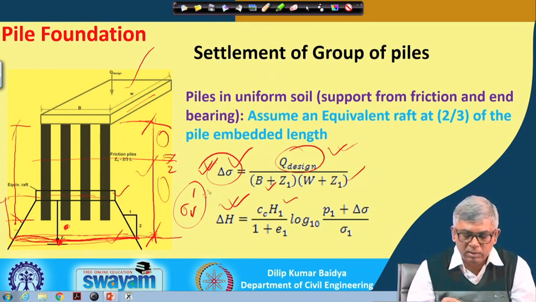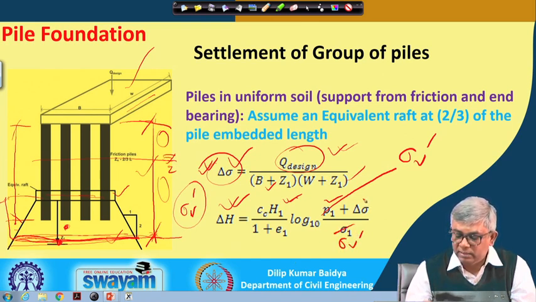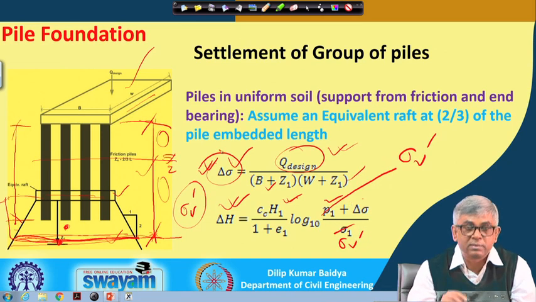Whatever the thickness of the compressible layer, I will take that as H1, times log 10 base P1, or you can say P1 plus delta sigma. P1 I have not changed; P1 means sigma v dash, and this is delta sigma, that is, the pressure because of the loading.